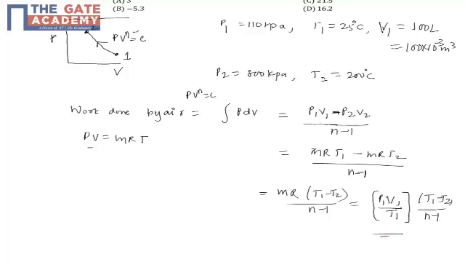So before coming to this work done, I need to know n. Now how do I know n here? I know pressure and temperature at both the start and the end point. So let's use this governing equation. P V^n is constant. Now for V, we can use the ideal gas equation at any time during the process, so it is (mRT by P) whole power n is equal to constant.